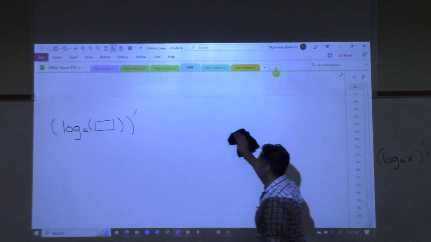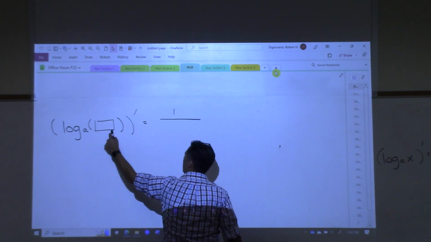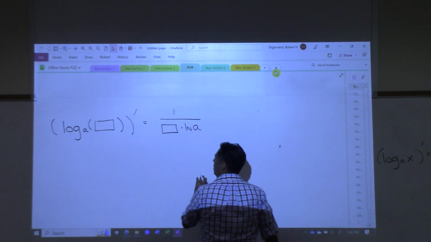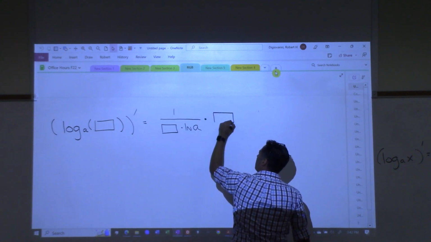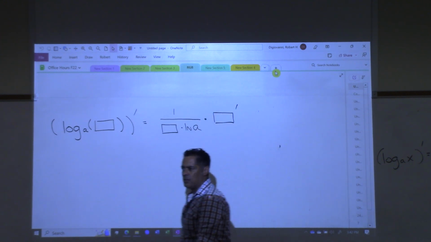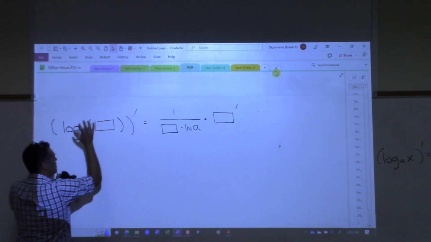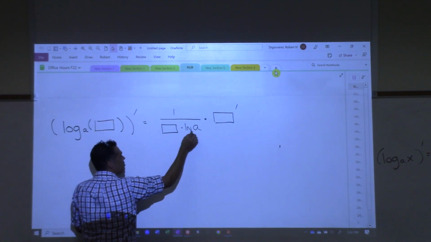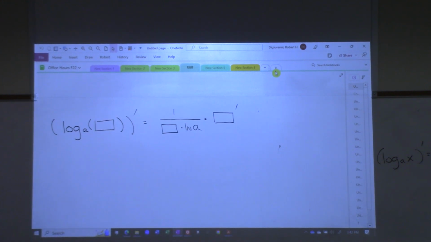What's going to happen first is you're going to say, that's just 1 over whatever that box is times natural log of A. But then the chain rule is going to tell you to multiply that times the derivative of what was in that box. Do y'all see how that works? Or it's like if you have log base A of something, the answer is 1 over that something times natural log of A, but then you still have to take the derivative of the something. That's your chain rule happening. I hope that makes sense to everyone.